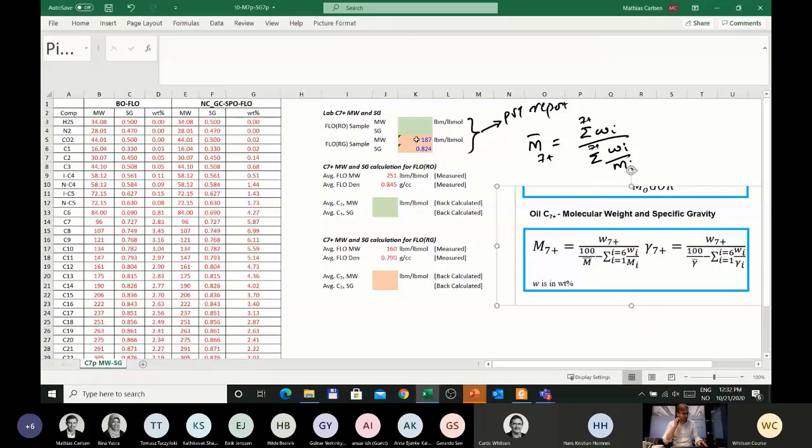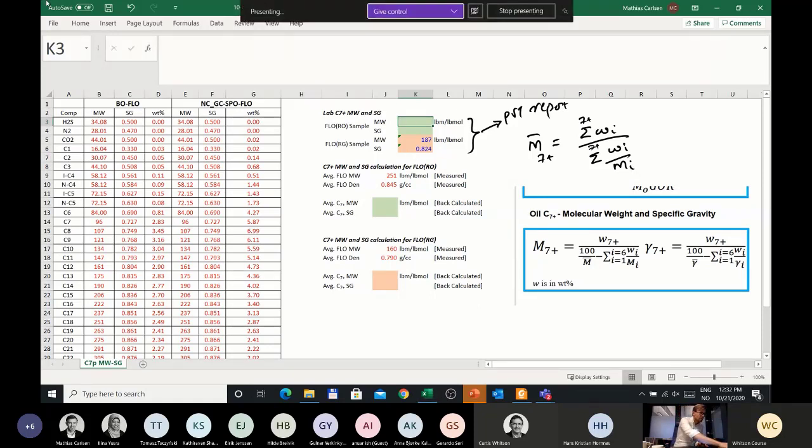Everybody should have gotten this Excel sheet with molecular weight C7+ and specific gravity C7+. For each sample there will be 4 values or 2 values to calculate.